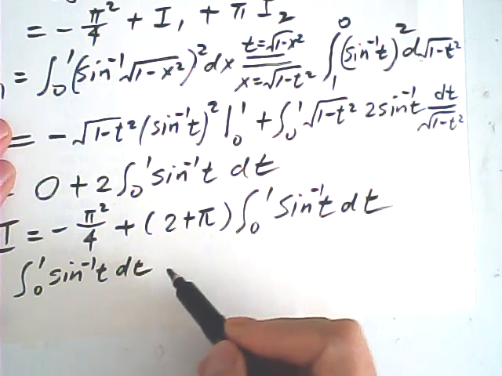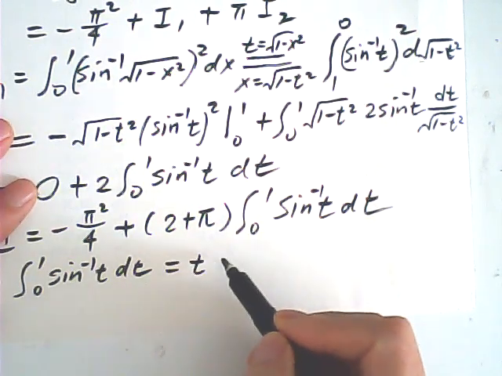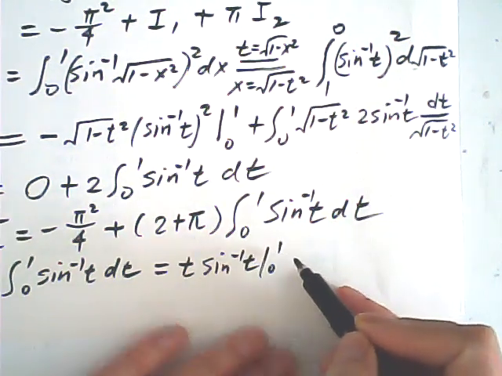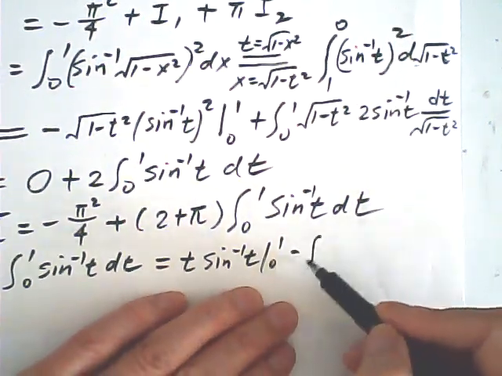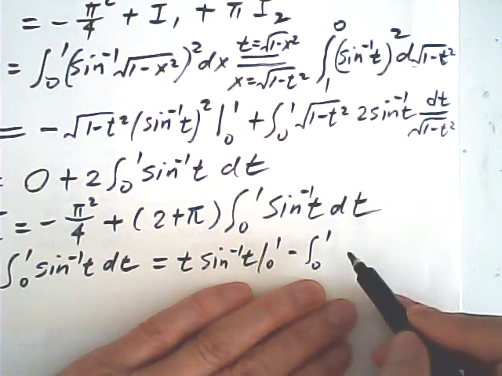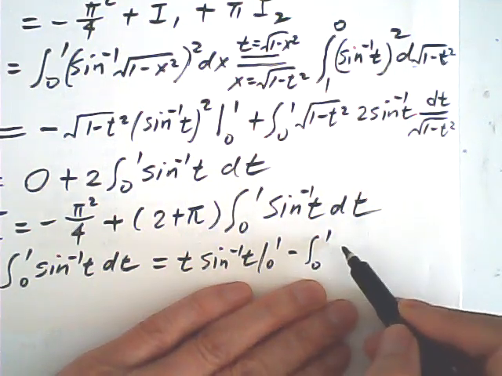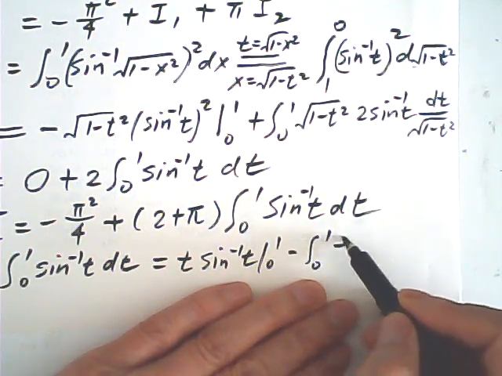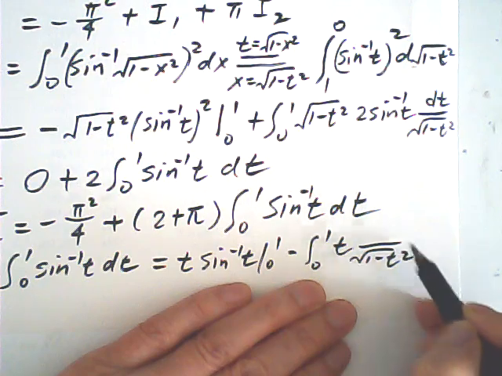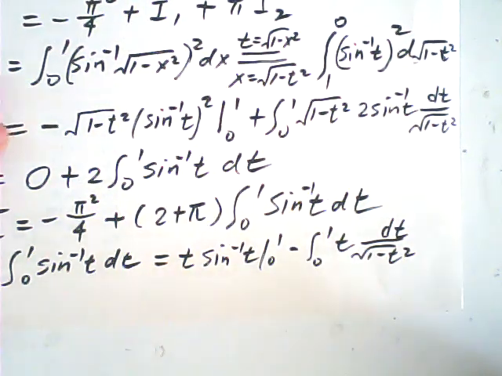We can use integration by parts, right? t arcsine t from 0 to 1 minus the integral of v du.